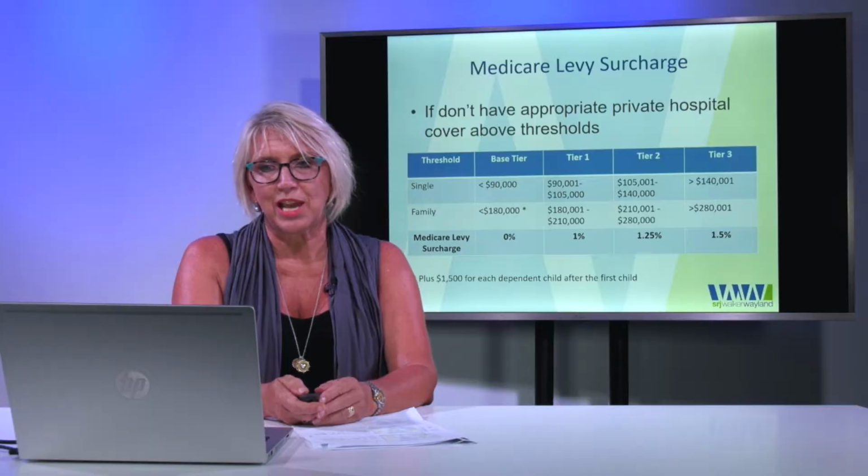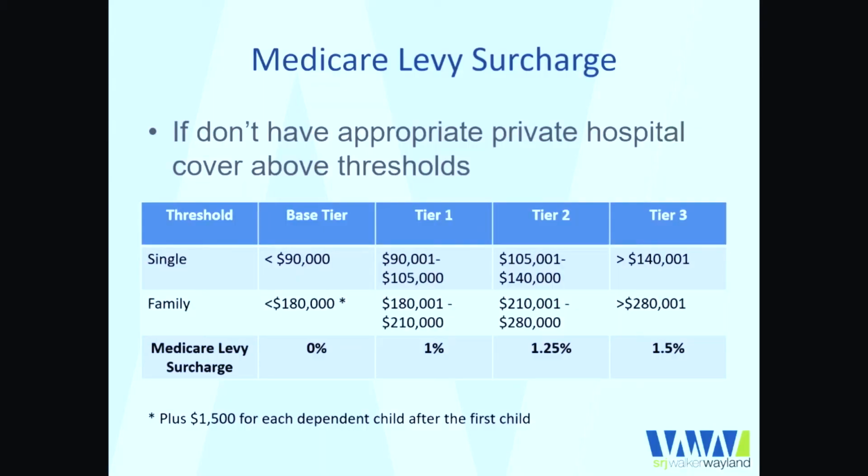If you are a single taxpayer, the base tier requires you to have private health insurance and private hospital coverage, importantly, if you earn above $90,000. And there's various tiers that are in relation to that. As a family, your threshold is $180,000, although that threshold will increase by $1,500 for every child after your first child.